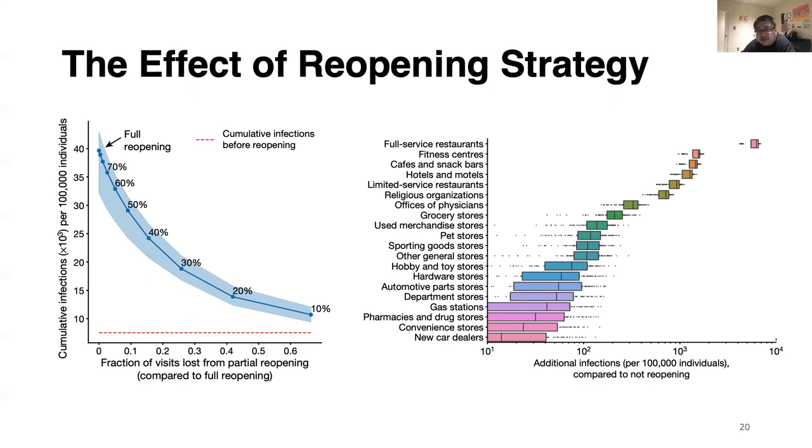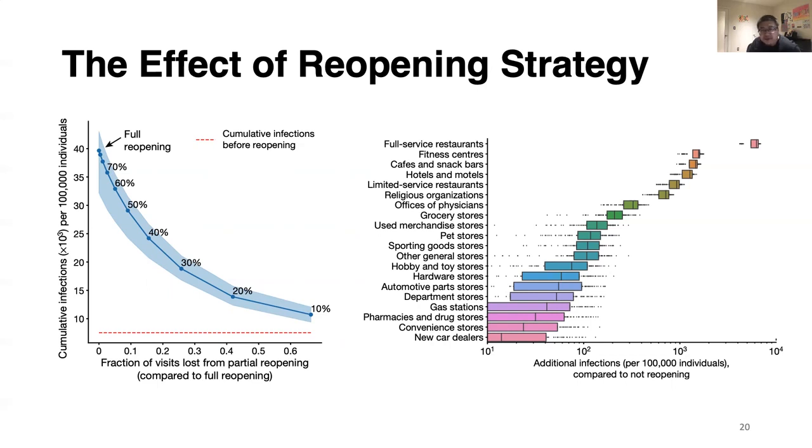The annotations within the plot show the fraction of maximum occupancy that is used as a cap, and the horizontal red line indicates the cumulative number of predicted infections at the point of reopening, which is on May 1st, 2020. Compared to full reopening, capping at 20% of the maximum capacity in Chicago reduces the number of new infections by more than 80%, while losing only 42% of visits overall.